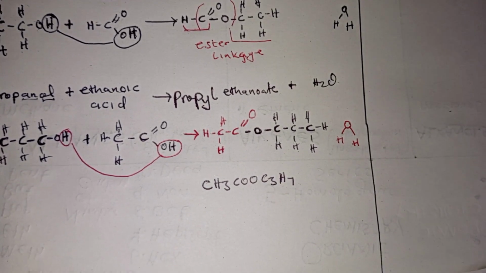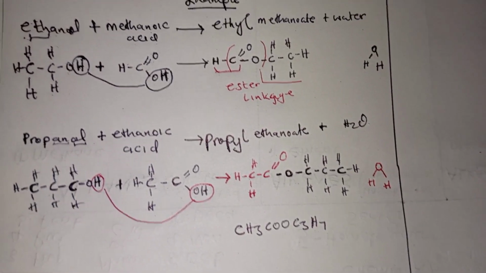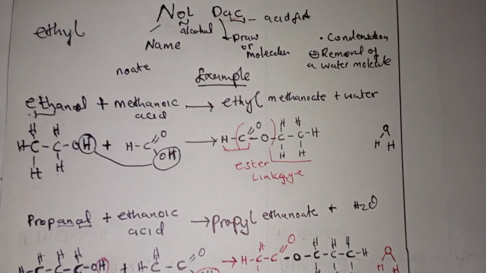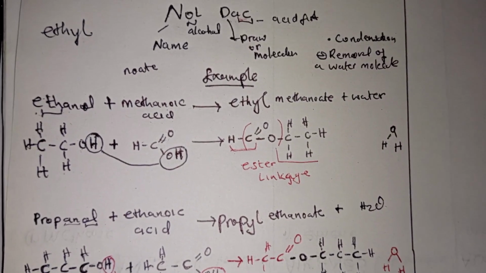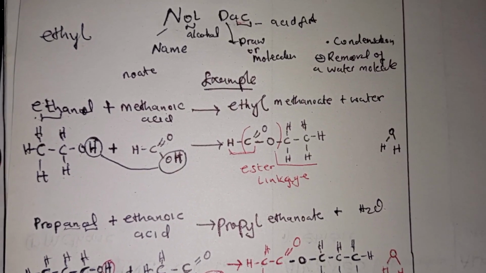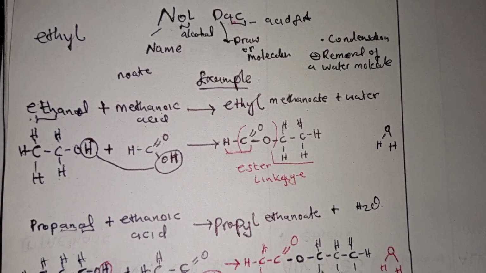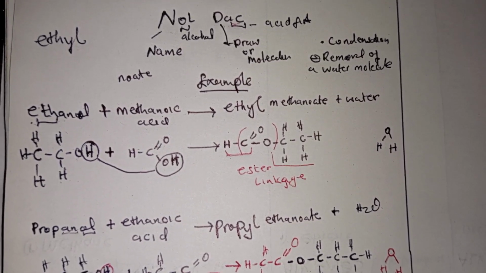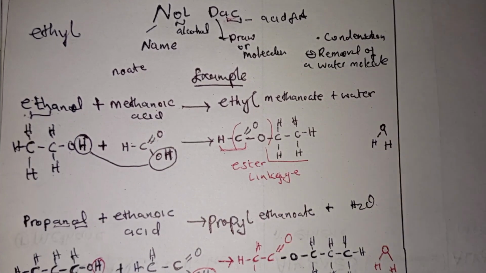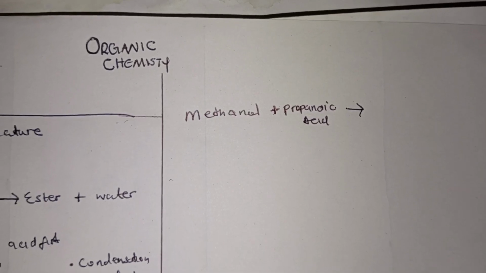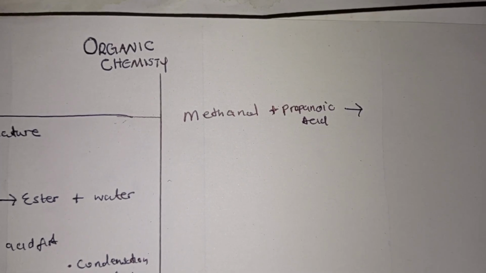Okay, so now if you follow these steps properly, following each and every step, you should be able to draw and write any structure of an ester. Okay, let's do one more. So here we have methanol plus propanoic acid.